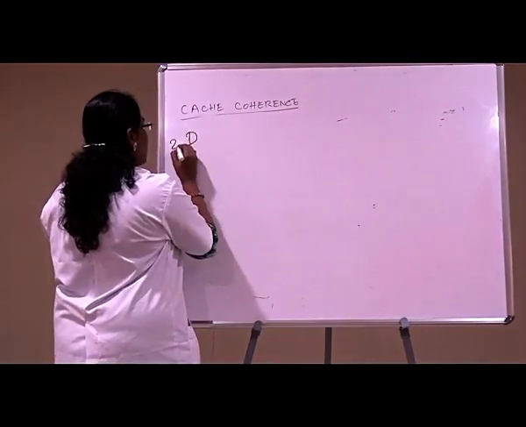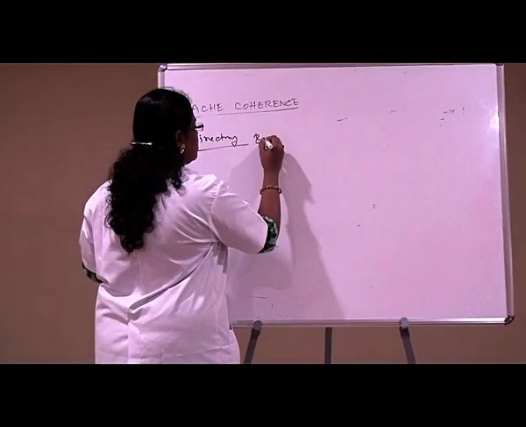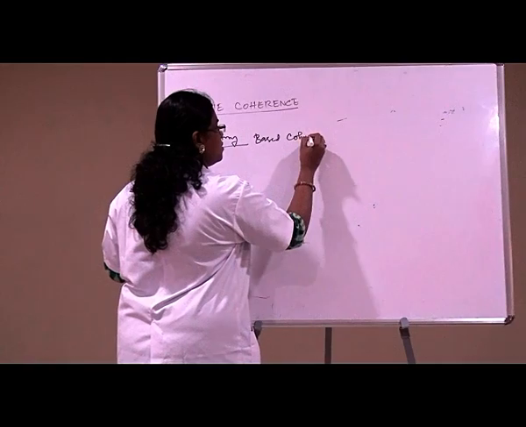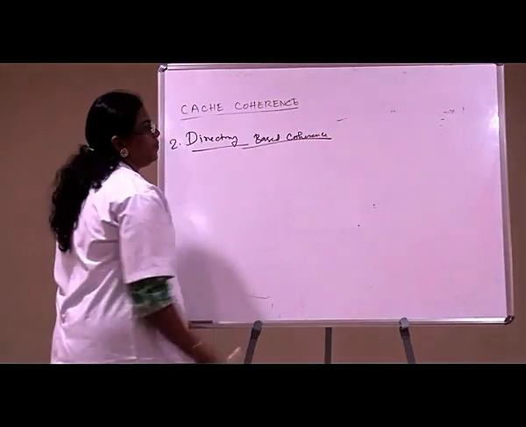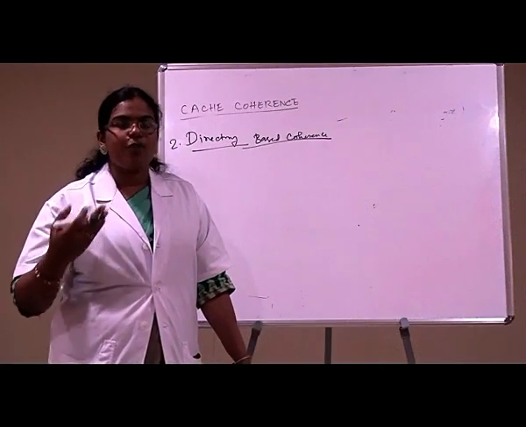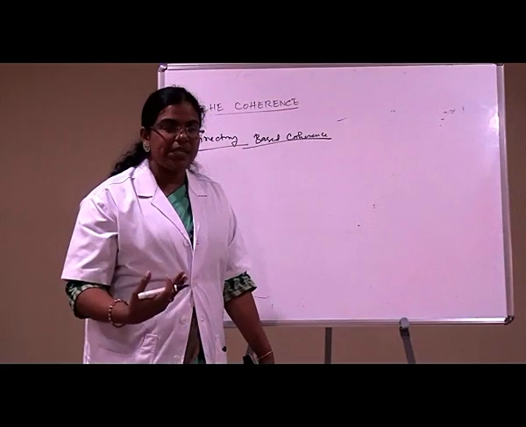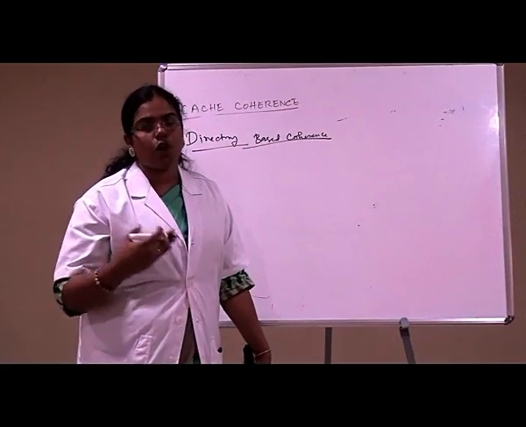The second method to achieve cache coherence is directory based coherence. Due to the broadcasting of messages in the interconnect, performance degrades, and it is expensive and not scalable for large networks.